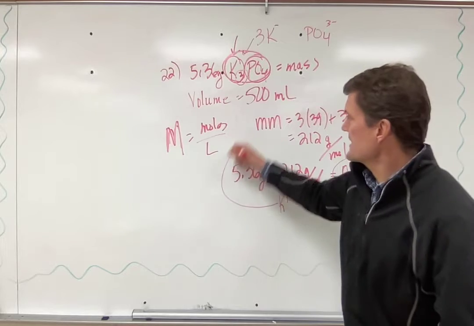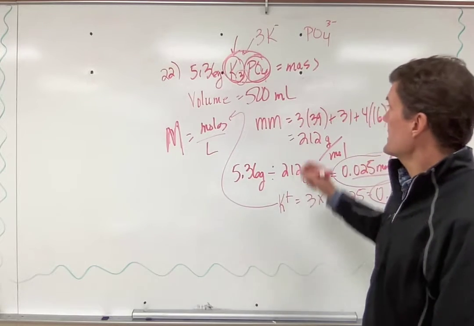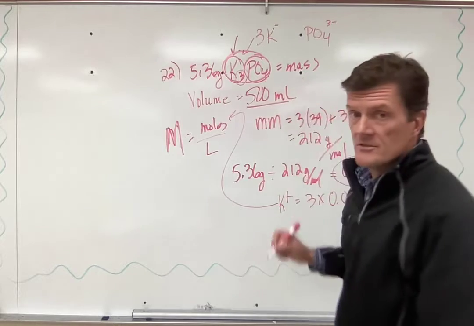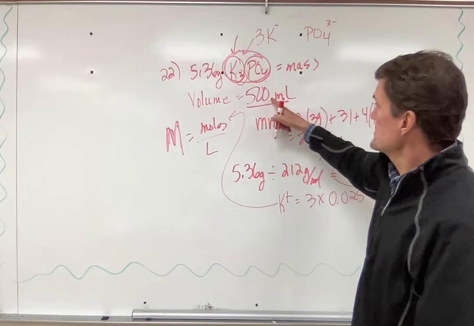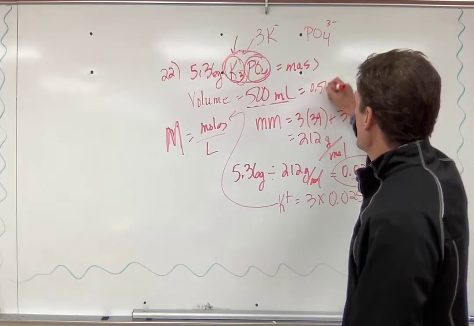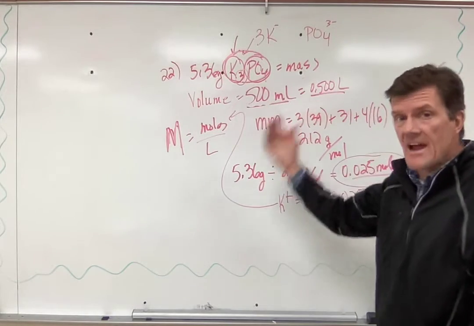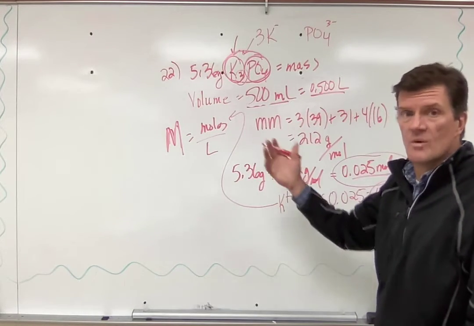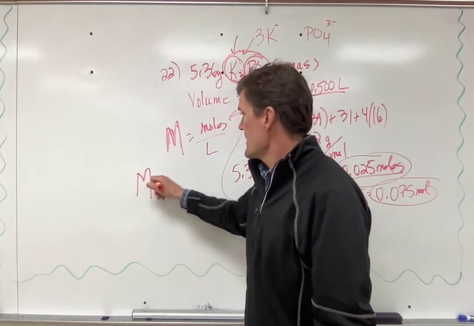Now I can put that into my molarity. Okay? And the volume was 500 milliliters. You have to have this in liters. You have to divide by 1,000. Just move the decimal point over 3 places. So that's 0.5 liters. It's half a liter. 500 milliliters is half a liter. 1,000 milliliters is 1 liter. So divide by 0.5. So now I can find my molarity.